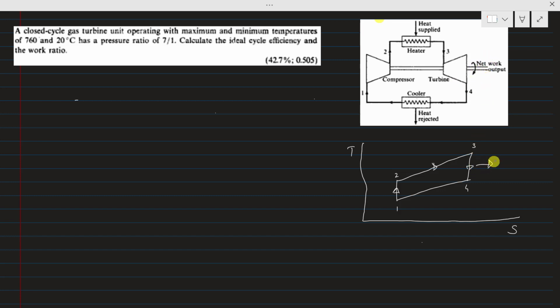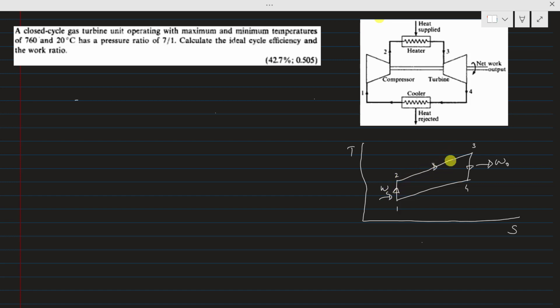Here you will get the work output, and to run the compressor you need to supply work to the compressor in order to compress the working fluid from process 1 to 2. So here you need the work supplied, which is denoted by WC.